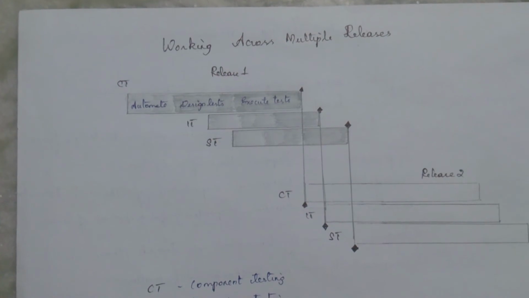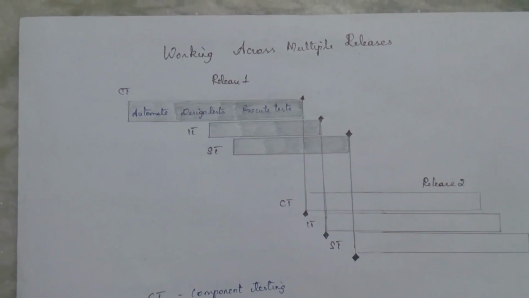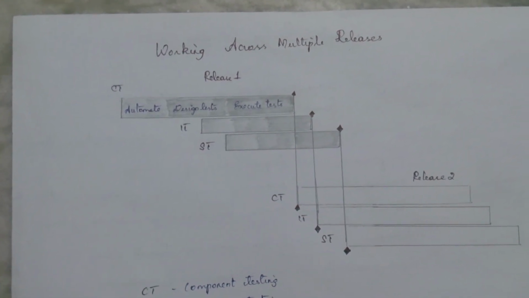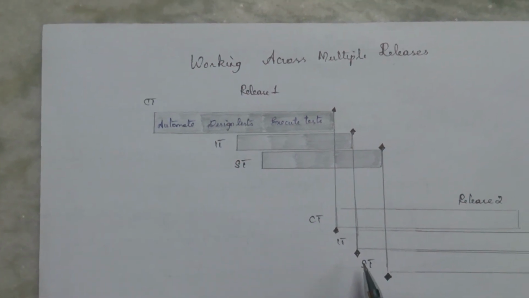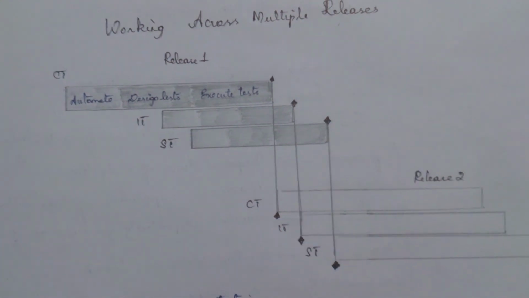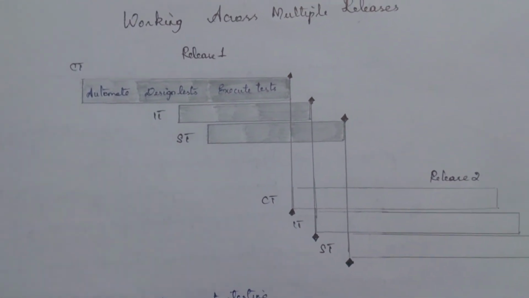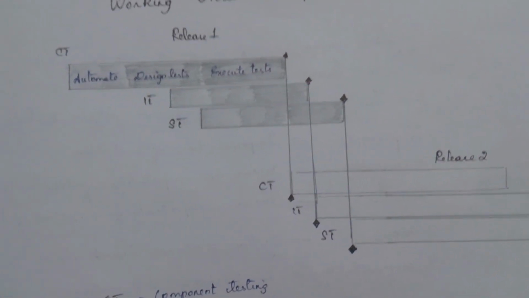This way the test teams can be utilized completely. For example, when criteria is met for a component test team, they can get onto the next release of component testing, while the integration and system test teams are focusing on the current release. This is one way to reduce the overall elapsed time for releases, exploiting the overlap and parallelism among the test phases.